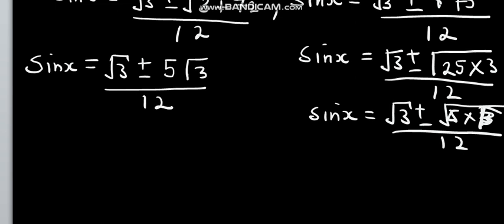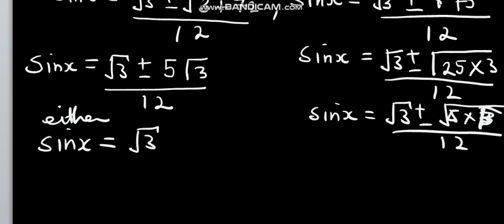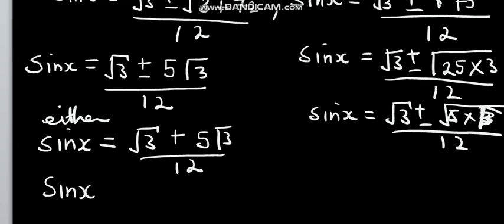So for the above to be true, either sine of x is equal to root 3 plus 5 root 3 out of 12. And if we add up, what is root 3 plus 5 root 3?